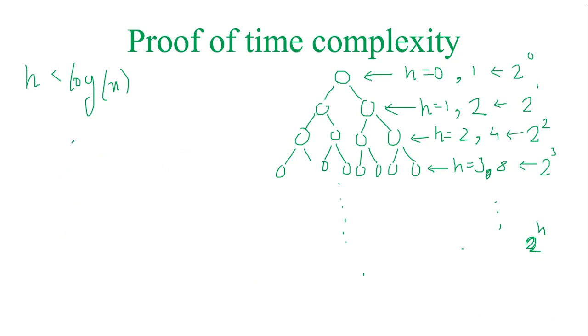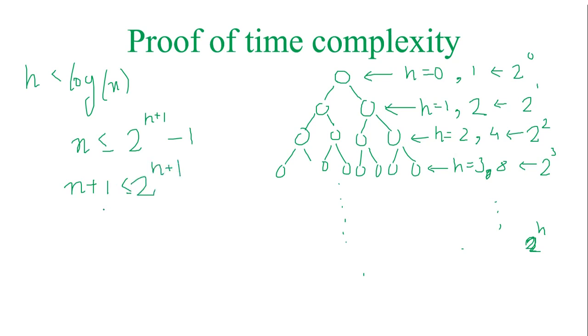So we can write n is less than or equal to 2 power h plus 1 minus 1, where equality holds when n is the maximum number of nodes. So I will take 1 here, and it will become n plus 1 less than or equal to 2 power h plus 1.